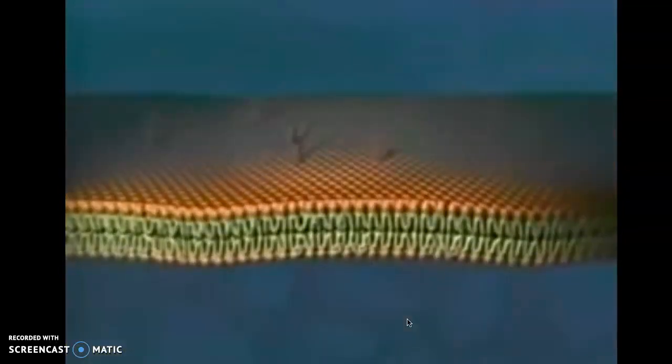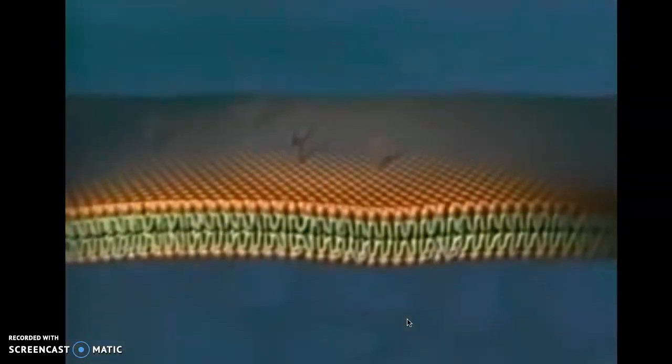Within these lipid molecules, we also find different proteins which do various things for the cell. For instance, they receive signals from the world outside, or they transport nutrients and waste. So nature composes the membrane with a combination, or mosaic, of different lipids, carbohydrates, and proteins.